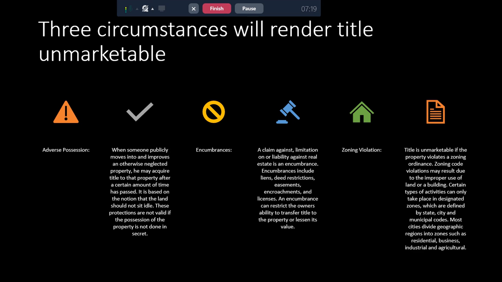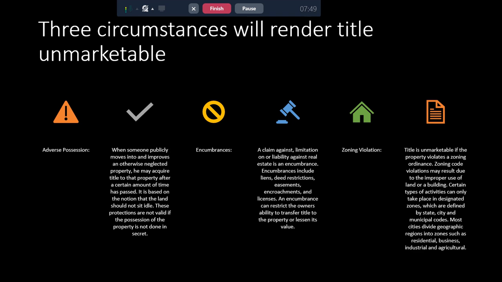The other circumstance is zoning violation. These are codes where the government, the city, or the state says that in this area it can only be residential homes, but in fact you build an industrial building. That's a zoning violation.